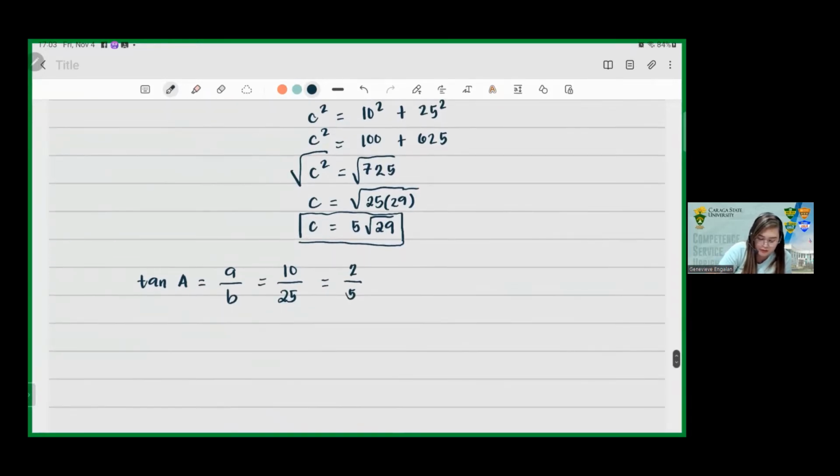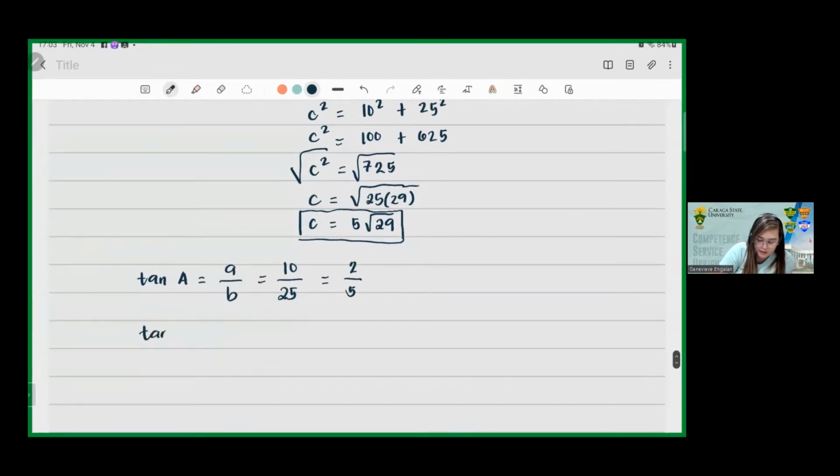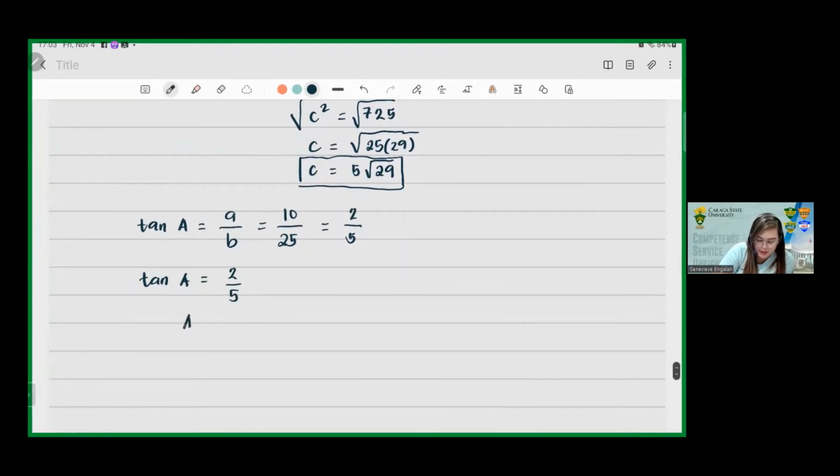So tangent A is equal to 2 over 5. Then using our calculators, we have A is equal to inverse tangent of 2 over 5. So our A is 21.8 degrees.